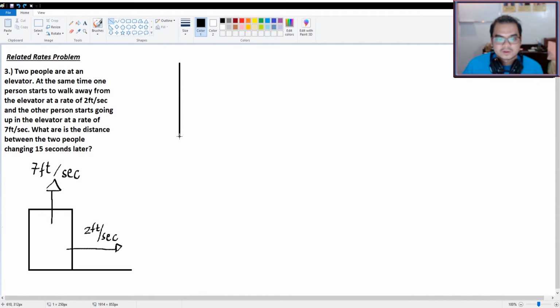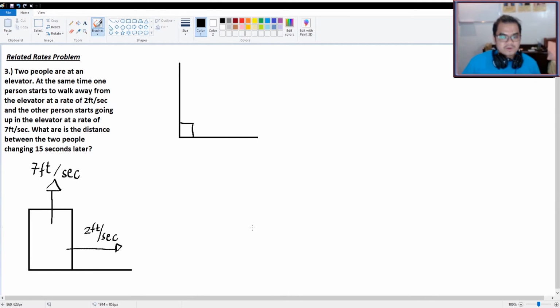Now another man walks away from the elevator. They have the same starting point, right? So if they have the same starting point, they will just produce a right triangle.